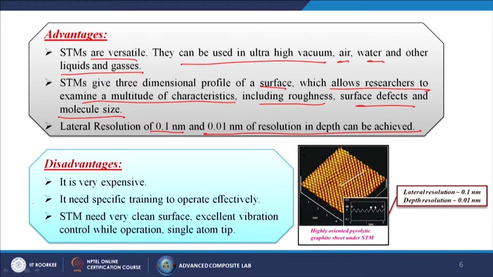Of course, there are certain disadvantages. It is very expensive and needs specific training to operate effectively. STM needs a very clean surface, excellent vibration control during operation and a single atom tip. Here is a highly oriented pyrolytic graphite sheet under the STM, with a lateral resolution of 0.1 nanometer and a depth resolution of 0.01 nanometer.